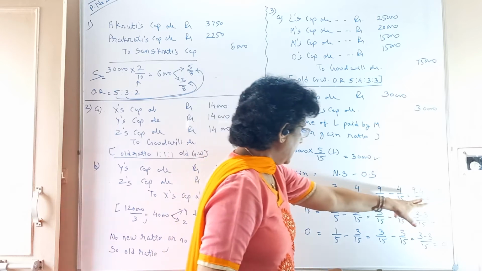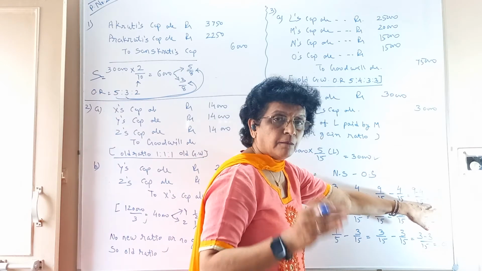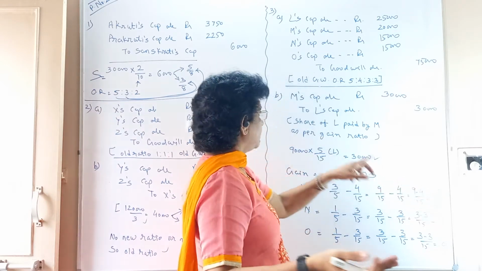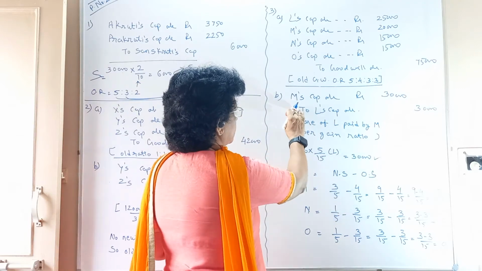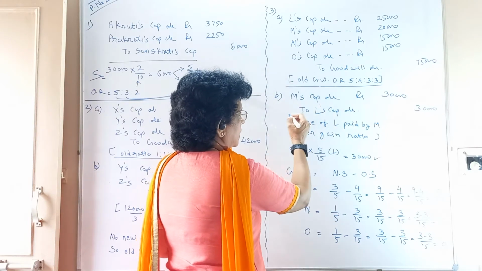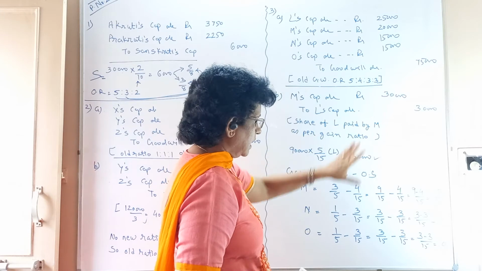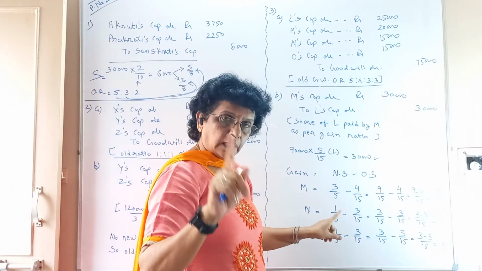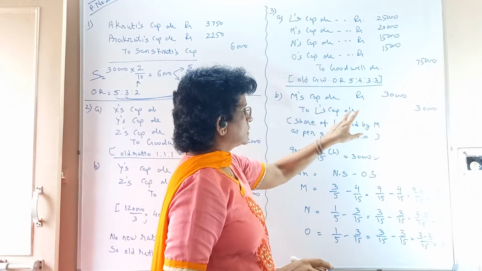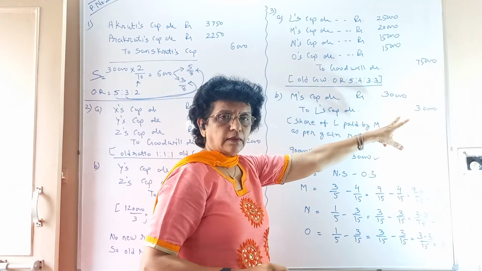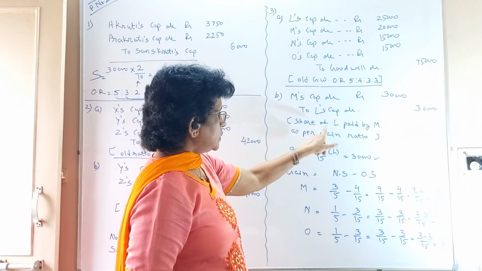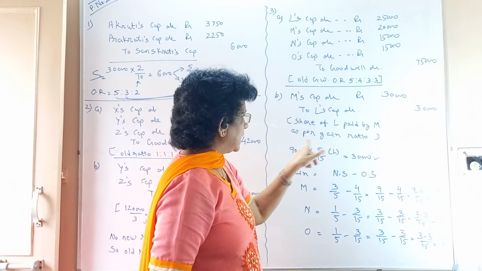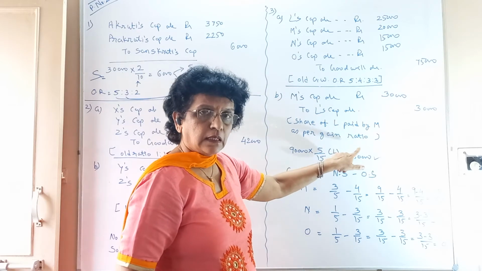So M is gaining. So his capital is to be debited. So your journal entry, M's capital account debit to L's capital account. 3 partners are there, but only one is gaining. So he only is going to contribute towards the goodwill to be given to the retiring partner. So here the share of L is paid by M as per the gain ratio.